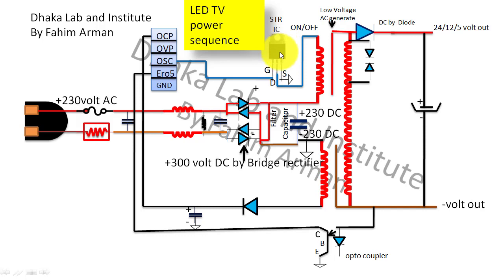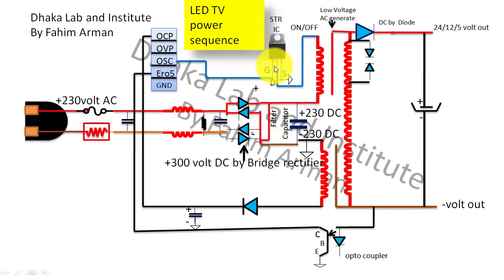So this is a 3-pin MOSFET or STR IC, and if this is a 3-pin MOSFET, there will be an IC also to drive this MOSFET, and this is also connected with the optocoupler in the negative terminal. This IC is important for a 3-pin STR IC or 3-pin MOSFET.